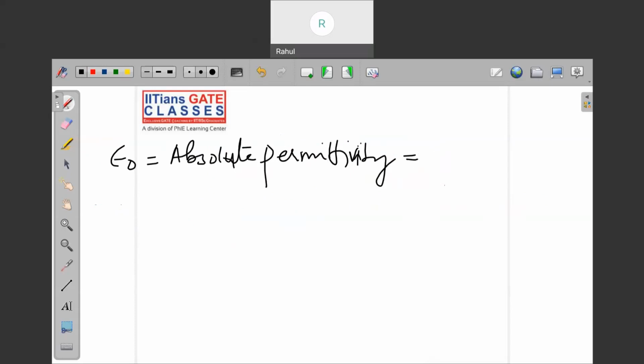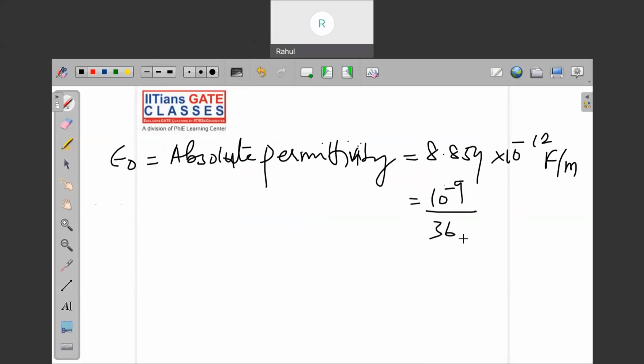It has the value about 8.854 into 10 raised to power minus 12 farad per meter, or you can say 10 raised to power minus 9 upon 36 pi, which we use in calculations. So epsilon naught is the absolute permittivity, and epsilon r is known as relative permittivity.